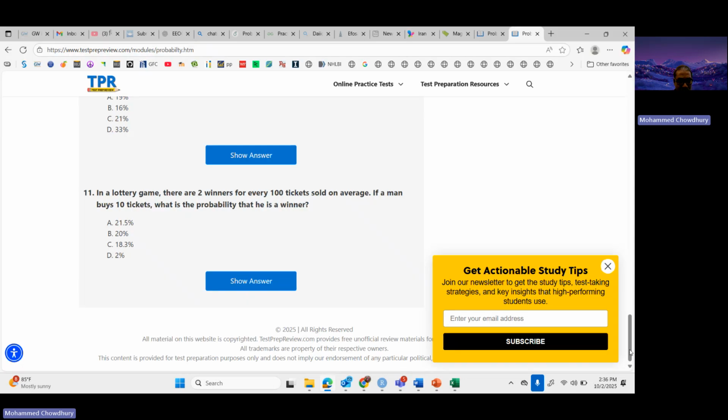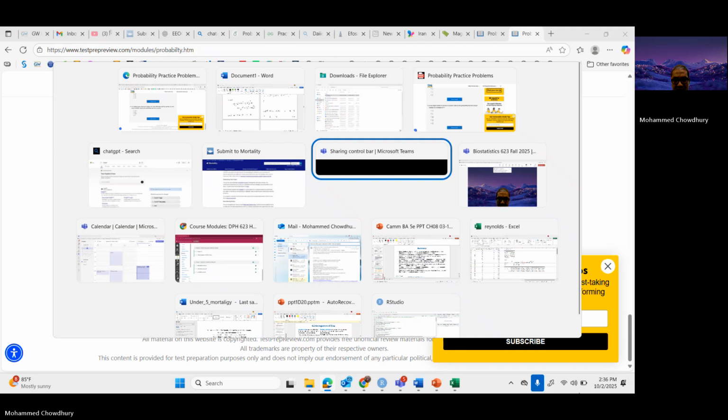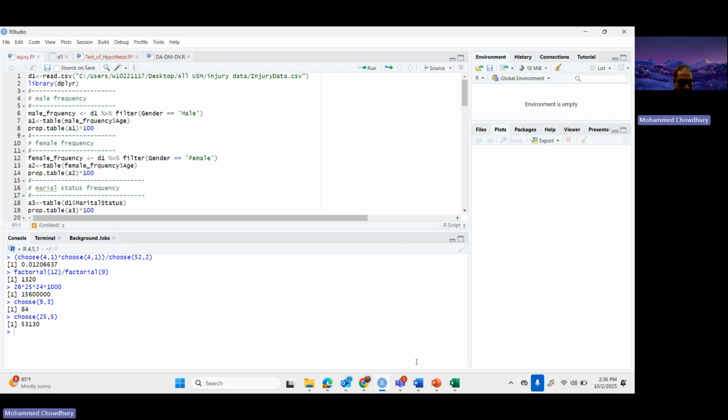So if I want to do it, let me open the R. Where is my R? So I want to do it in this format. 0.02 times 10. Why will it not work?